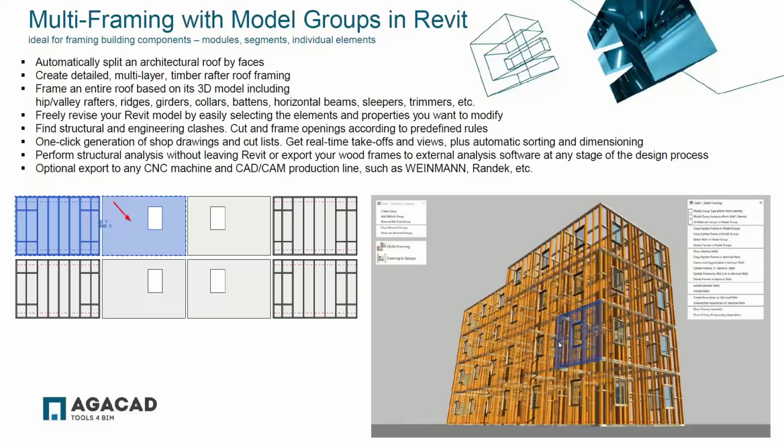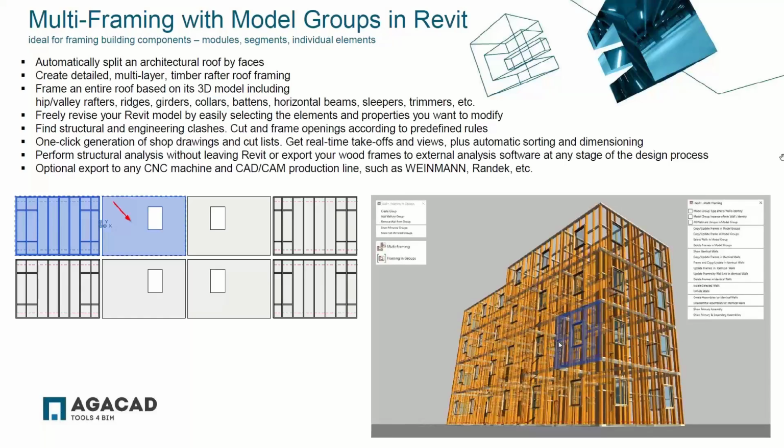We also have multi-framing and framing with model groups in Revit. These functionalities allow you to frame your elements way faster. If you have 20 walls of the same type in one project, you frame one wall, and it filters out all the identical walls and copies that frame to all of them.